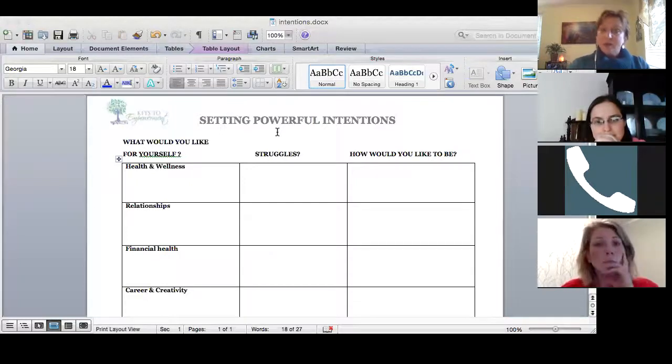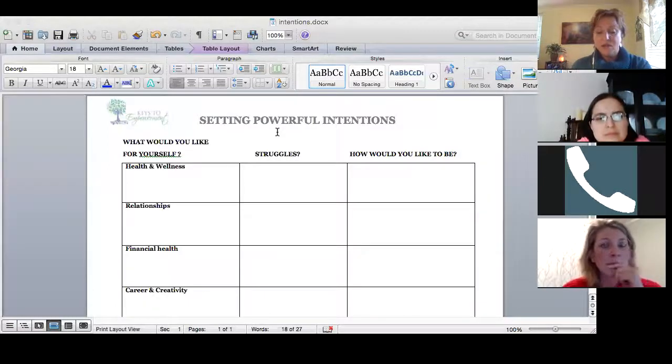So we're going to set some powerful intentions. And you can use this both as a tool for the coming year, but our intention was, what is it that you want to be starting to work on as we go forward to the retreat? Because what I know is how powerful it is to really set out there what it is that you want to create.